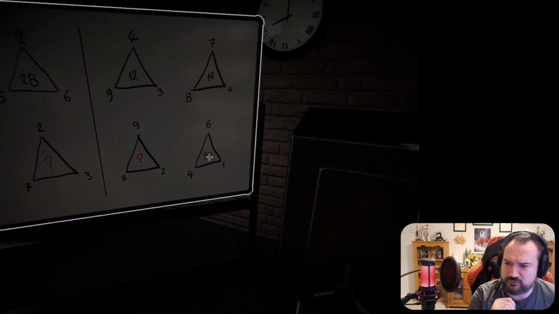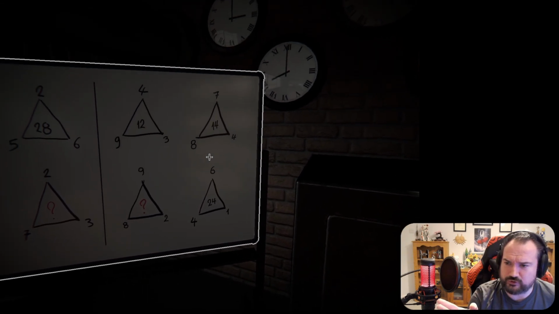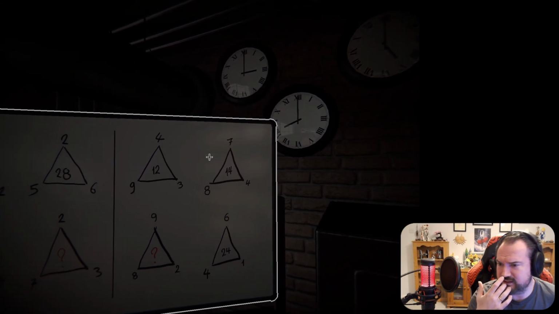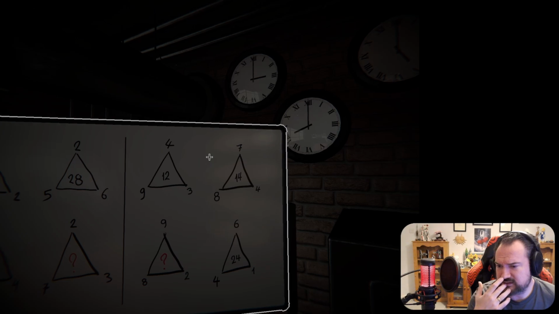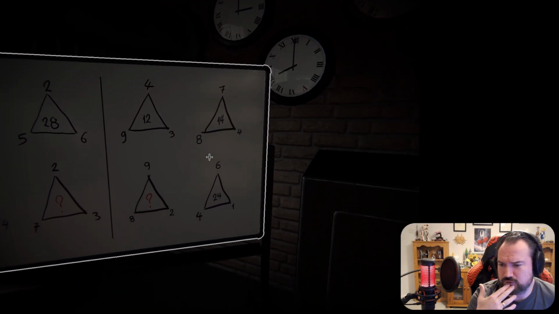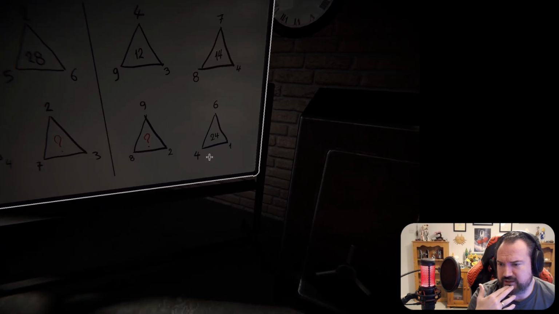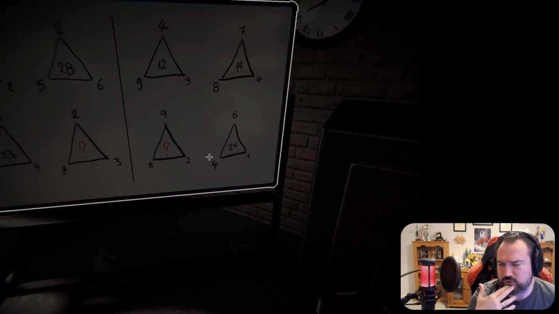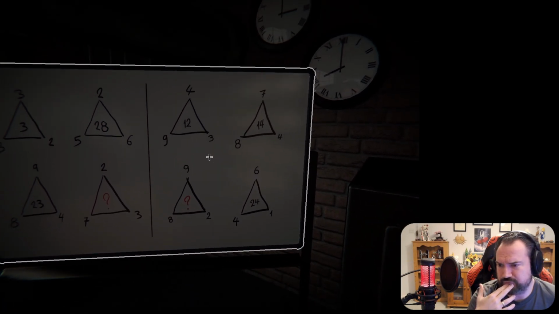I mean, 6 times 4 is 24 times 1, sure, but that doesn't work with any of these. And I think it's got to be multiplicative for sure, because there's no way you're getting additions between 6, 4 and 1 to make 24.